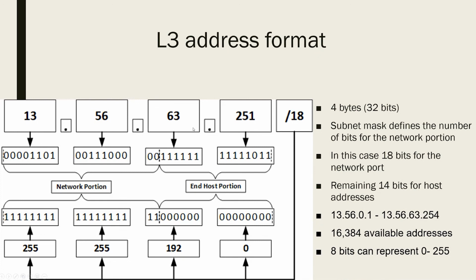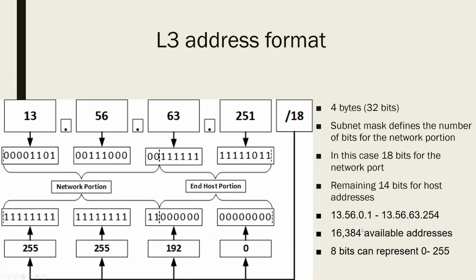We also have it for defining the range of end host IP addresses that we can assign. So in this case, we have all of these bits to represent end hosts. In the case of a /18, we have 14 bits that we can assign for specific end hosts. What that actually means is that inside a /18, we can have 16,400 odd addresses.